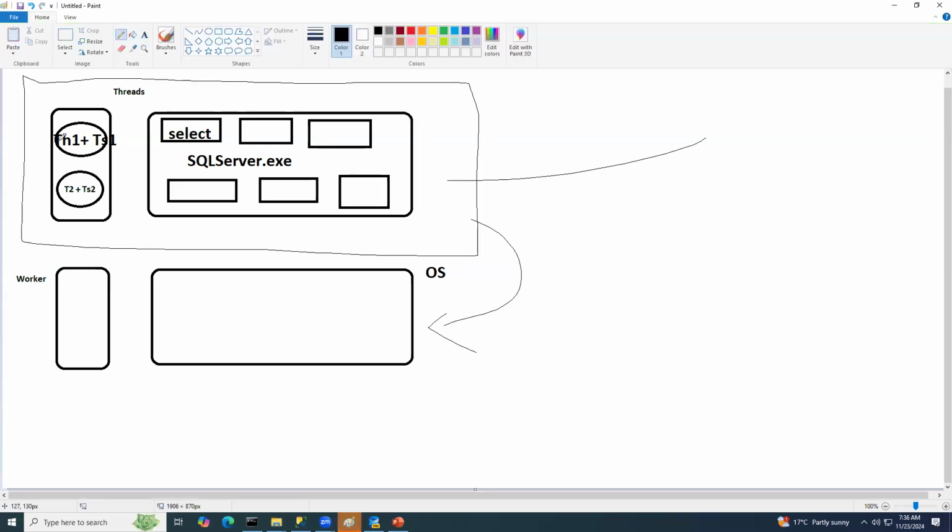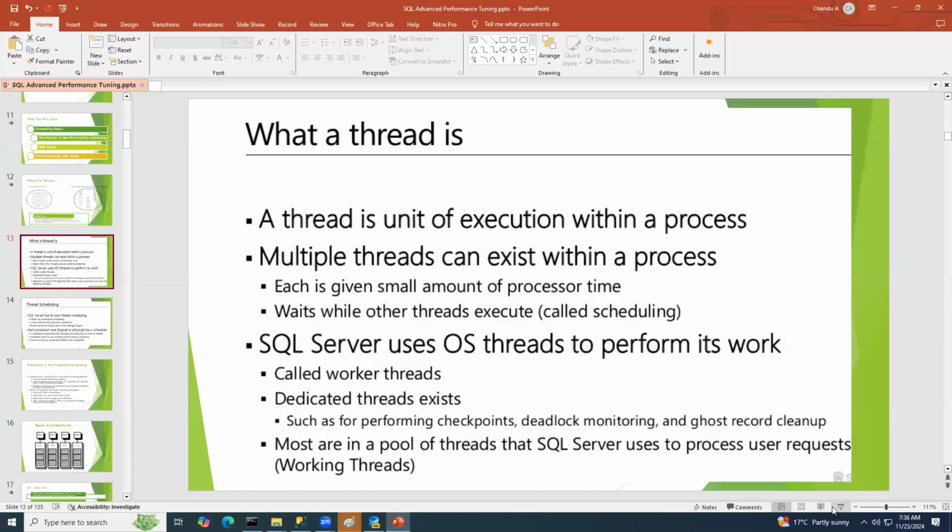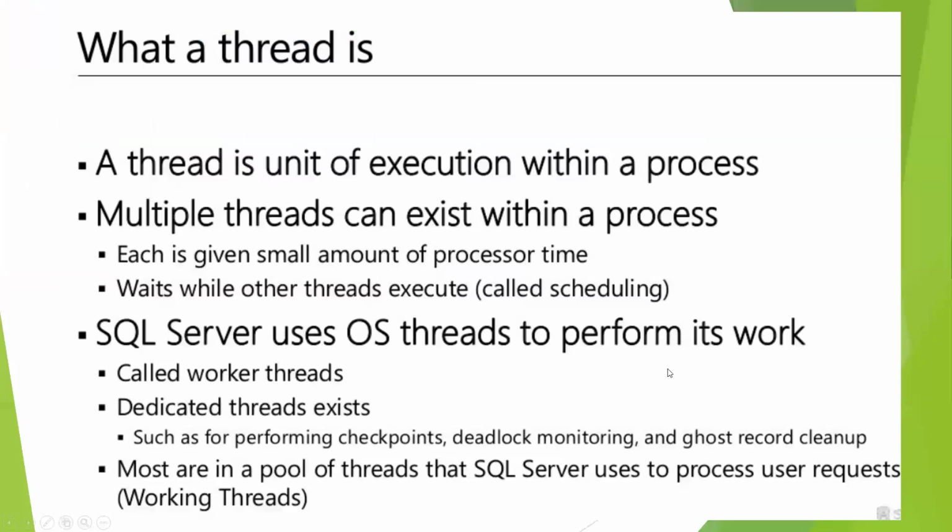So whatever thread is executing on the SQL Server will be mapped to the Windows worker, and the worker will execute at the Windows layer. So at the Windows level we call it a worker. It's called worker threads.